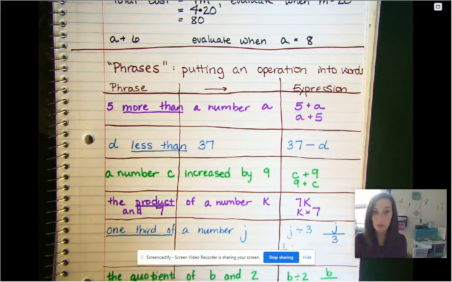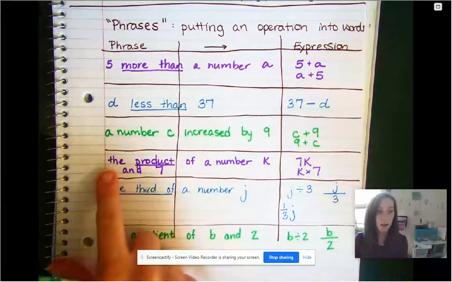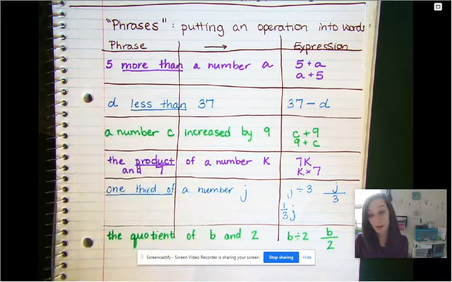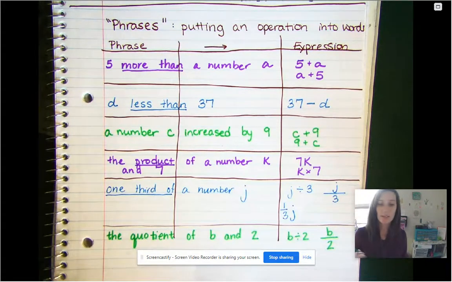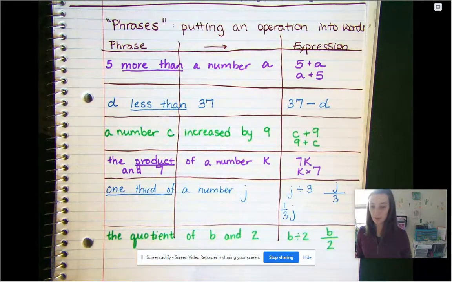Oh, 5 more than 3 would be 5 plus 3, which would be 8. I'd get a bigger number. Or the product of a number k and 7. Granted, if I don't know what product means, that is a problem. But if I know what product means, I could think, okay, a product of k and 7. So if I make it 2 times 7, 2 times 7 is 14. Oh, multiplication, I write 7 times k. So that can be a helpful strategy.